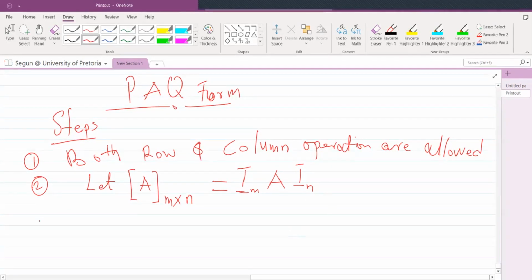Then number three, our rank matrix, how do you discover it?